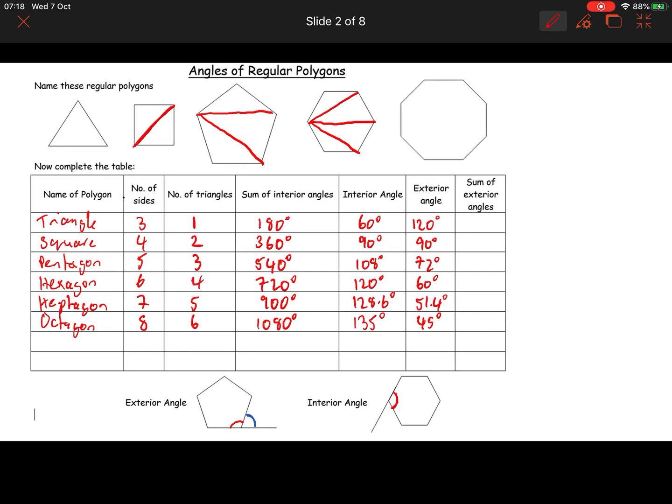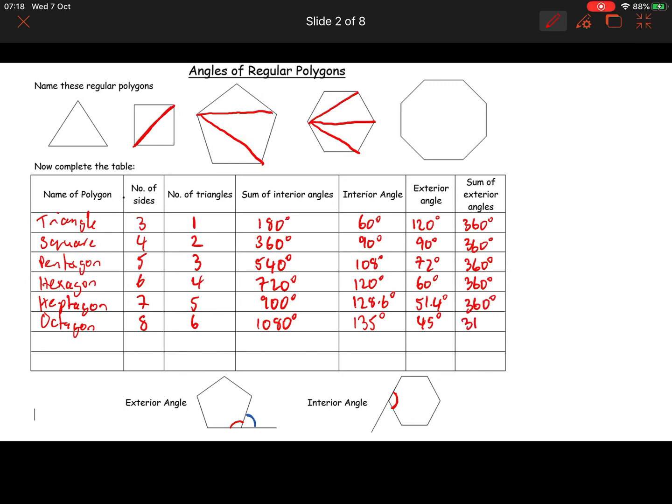So if we want to find the sum of exterior angles, I'm simply going to do the number of sides times one exterior angle, which is 360 degrees. 90 times 4 is 360 degrees. 72 times 5 is 360 degrees. 60 times 6 is 360 degrees.